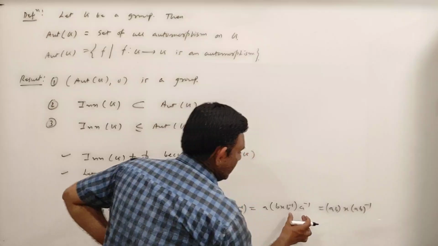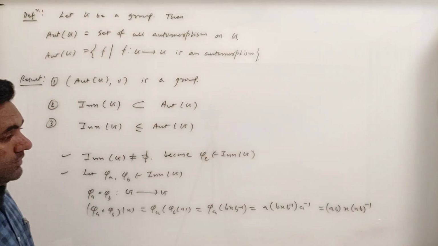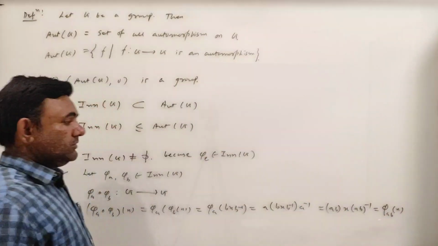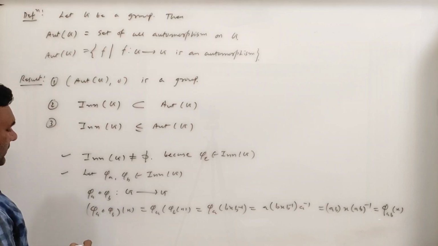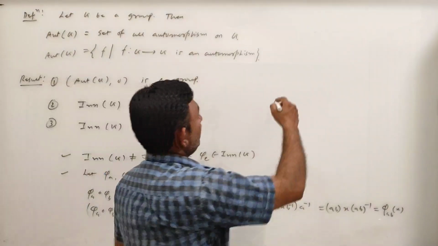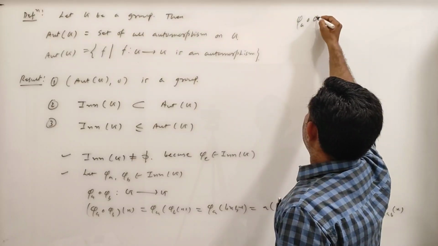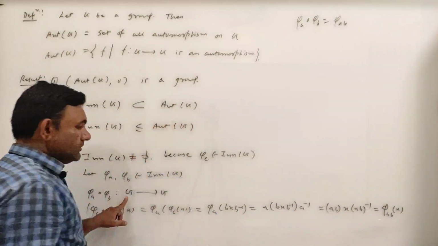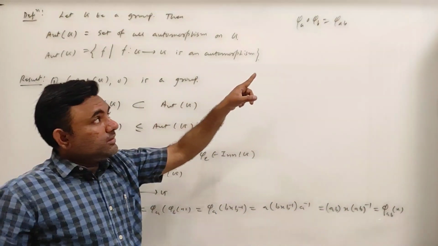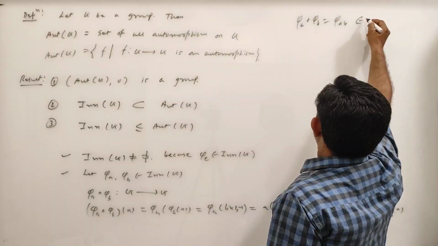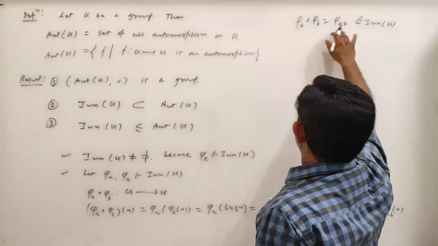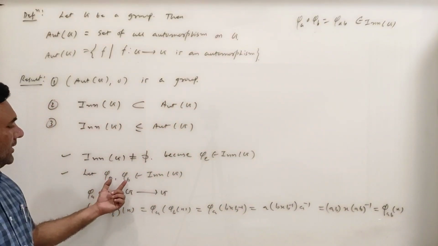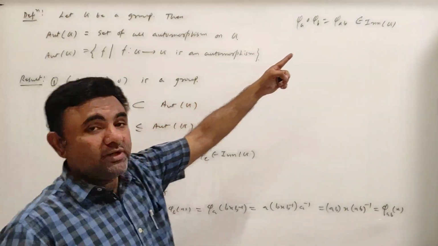So this is phi AB at X, right? So what is proved? Phi A o phi B is equal to phi AB, and this is true for every X in G. So phi A o phi B is phi AB. So it is an element of InnG, because its form is phi with suffix AB. So if you take any two elements from InnG, then their composition is also in InnG.